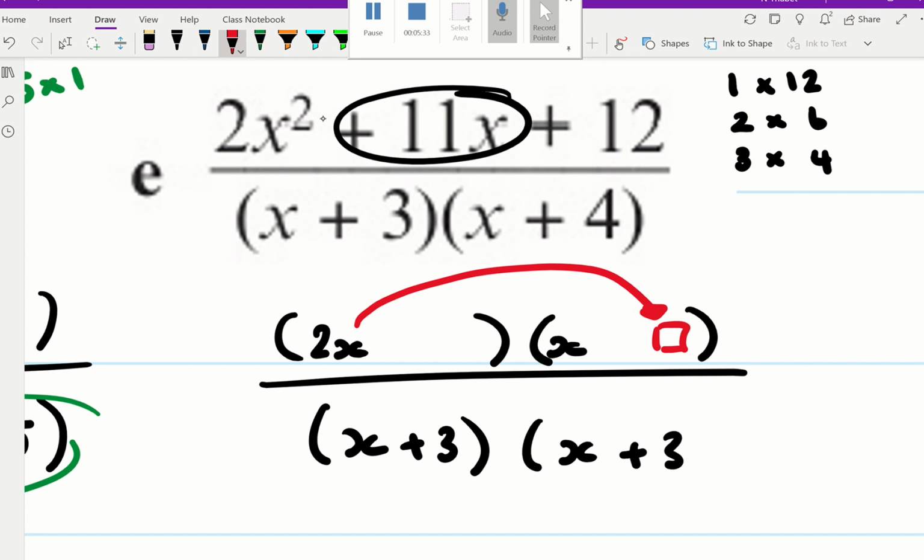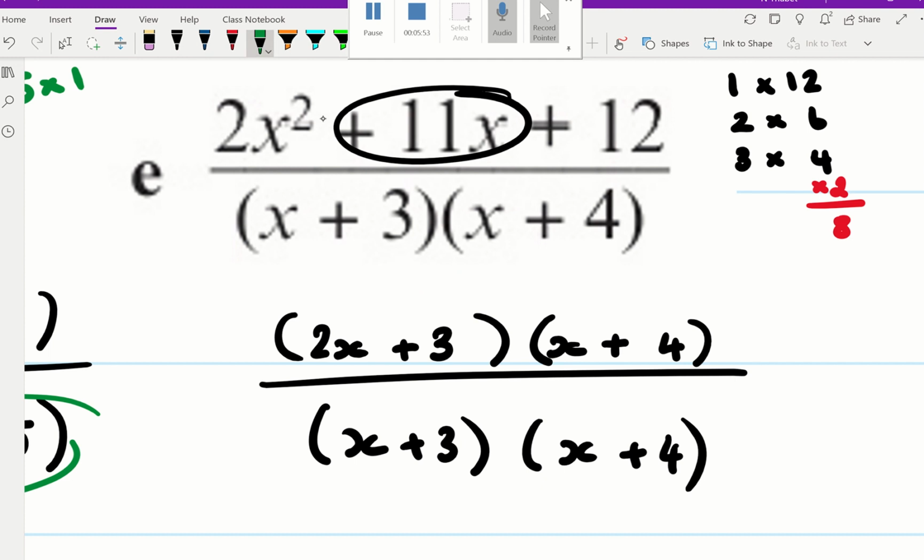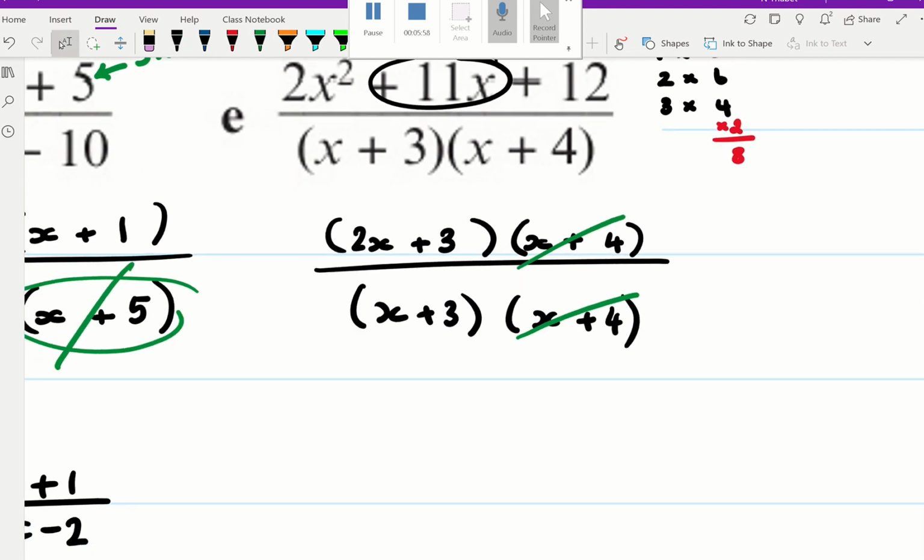So 2 times 4 is 8, and 8 plus 3 is 11. So I definitely want to multiply the 2 by 4, so I have to put the 4 here. So 2x plus 3. Why did I put it here? So these two cross out, and I am left with the final answer 2x plus 3 over x plus 3.